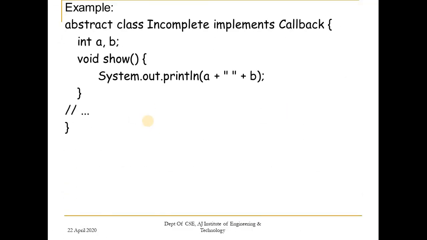Example here, see this class: class Incomplete implements Callback. Inside this class we have declared two variables a and b, and we have this show method, which is going to display the values of a and b.